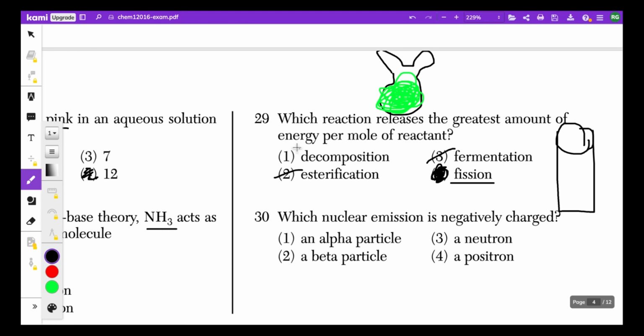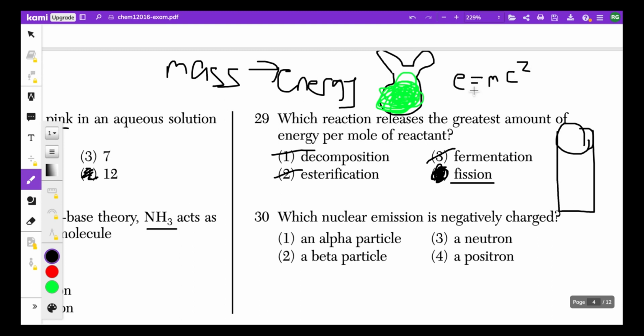None of these other things even come close to the amount of energy released. That's because in fission reactions, mass is being converted into energy. And y'all know from Albert Einstein's equation, E equals mc squared, even if you have a little bit of mass, you're going to have a large amount of energy because you've got the c squared part.